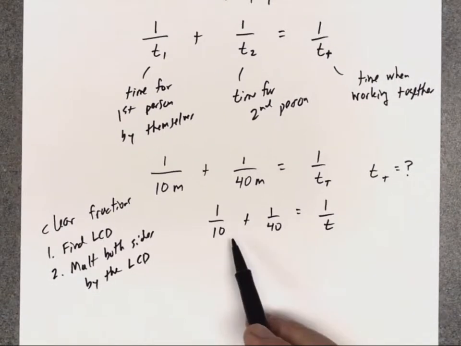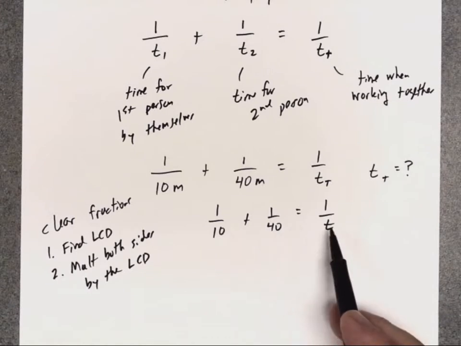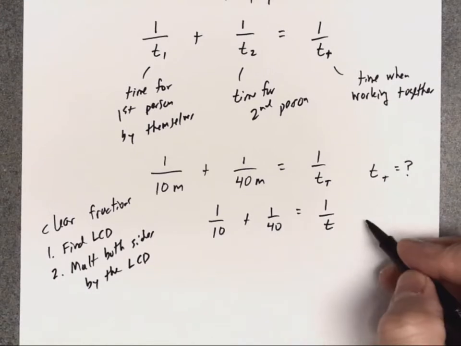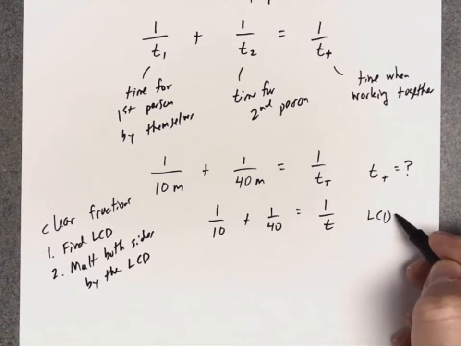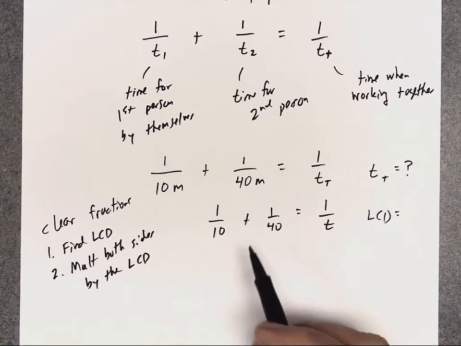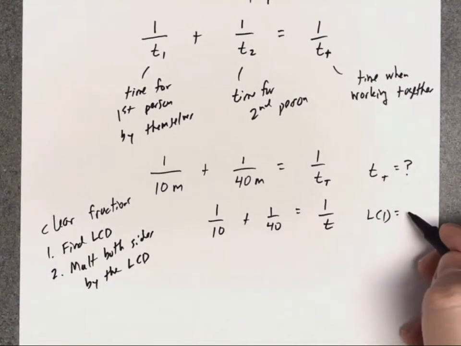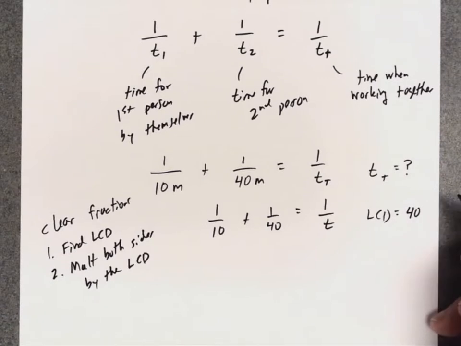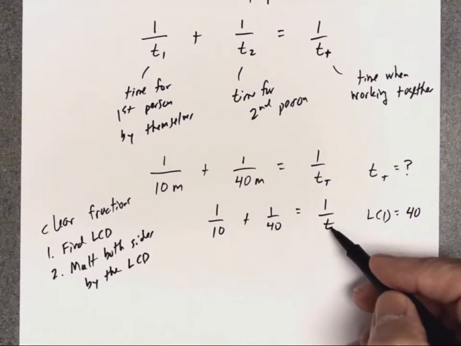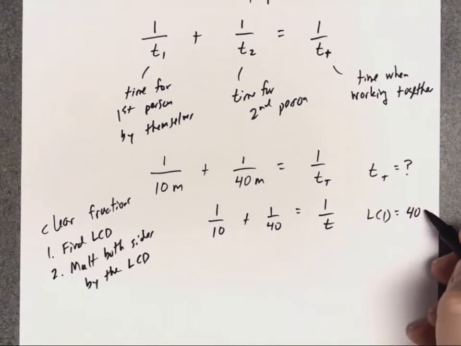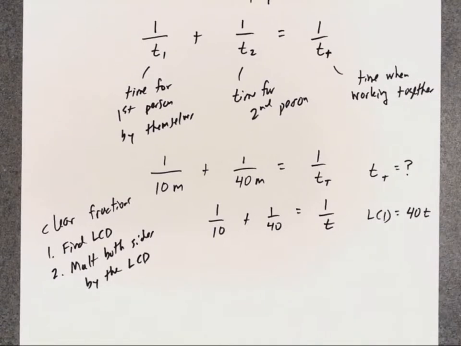I have 3 denominators, 10, 40, and t. The LCD for these 3 denominators, first of all, 10 and 40, which are 2 numbers, what's the common number that both 10 and 40 will go into? Well, obviously 40. And then I have the variable t, which I have to add on to it.